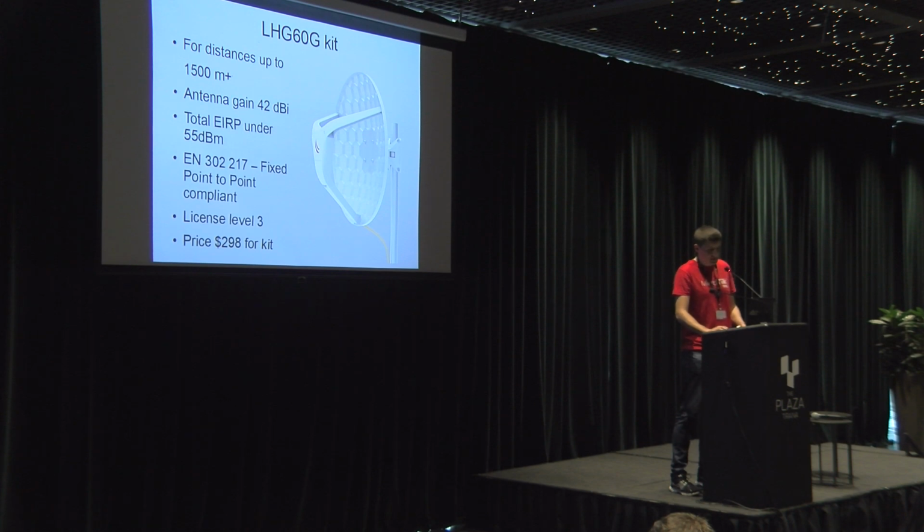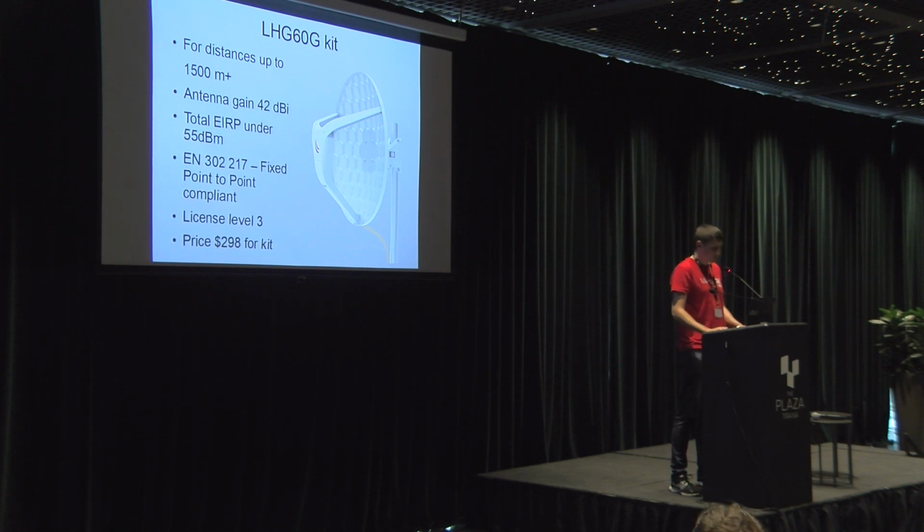Here you can see the LHG60 kit for distances up to 1,500 meters. The antenna gain is 42 dBi, and the total ERP is under 55 dBm.